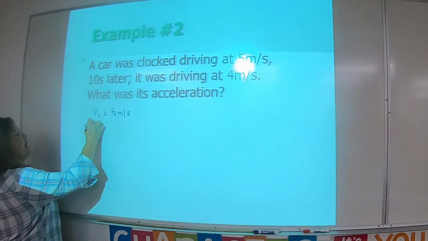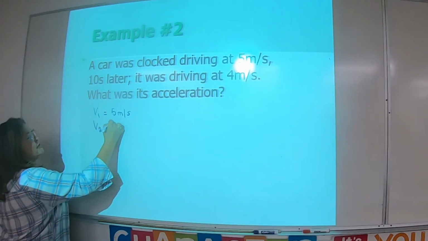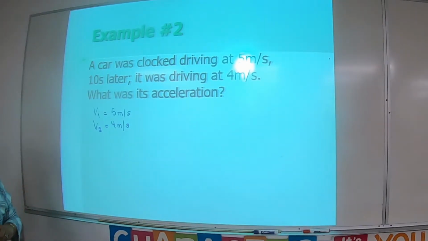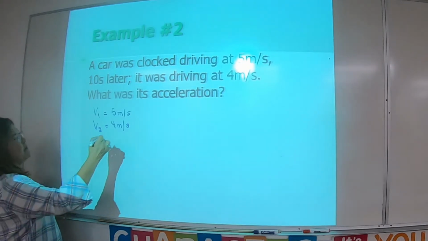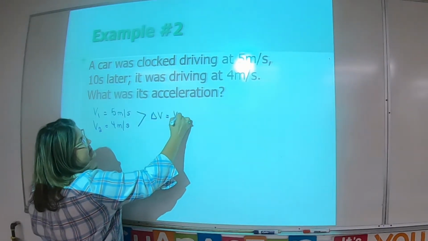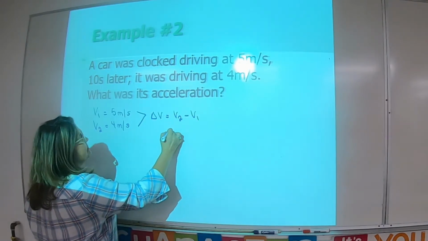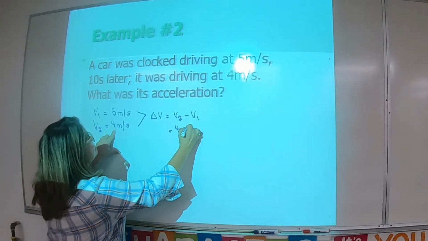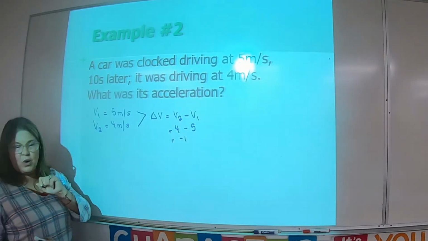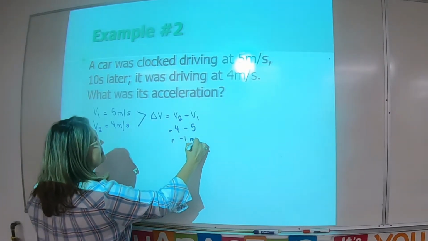So my final speed is 4 meters per second. Okay, so I'm going to have to find out my change in speed, which is V2 minus V1, or 4 minus 5, and I get a negative 1 meters per second.